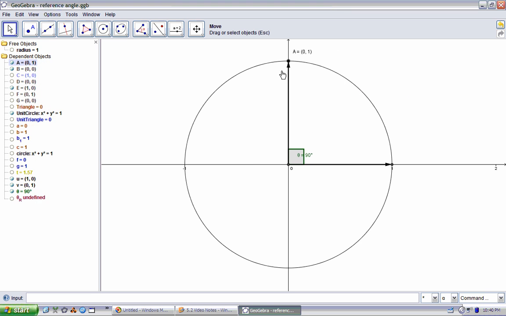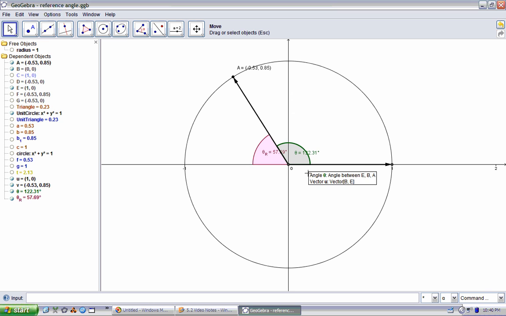But as we move over into the second quadrant, you'll notice our actual angle theta is bigger than 90, and its reference angle is here. It's made with the terminal side and the x-axis.